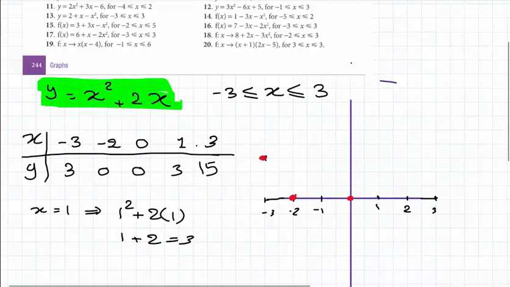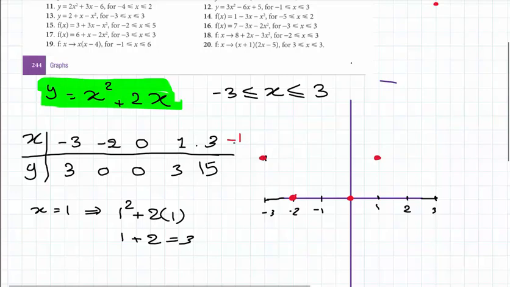Then 1, 3. 1 on the x-axis, 3 on the y-axis is here. And 3, 15. 3 is here. 15 goes up 15 steps. It's somewhere around here. And we didn't put -1. Since these are like this, the -1 will be the bottom of the graph.